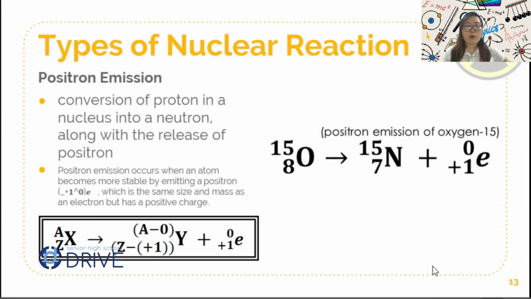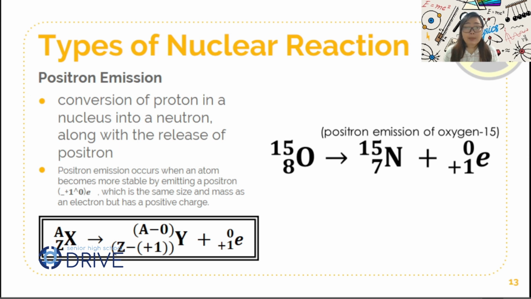Next, we have positron emission. Now, positron emission is the release of a positron. This happens when your proton in the nucleus is converted into a neutron. Now, neutron, as we all know, doesn't have any charge. But the charge can be released in the form of a positron. Positron, positive electron. Okay? It has the size of an electron, however, the charge is positive.